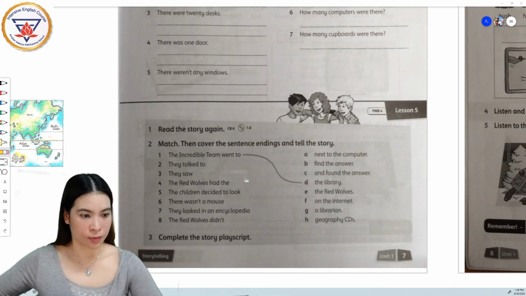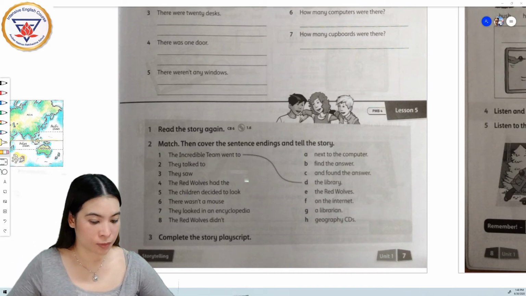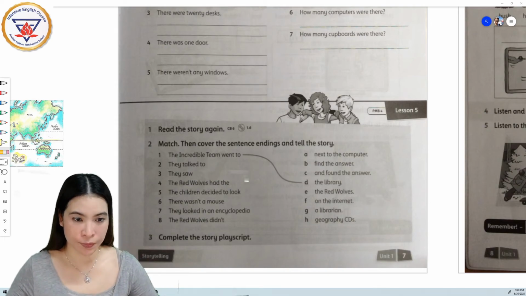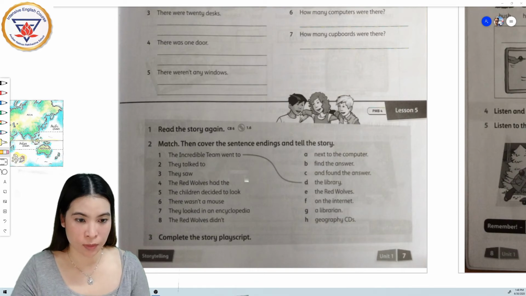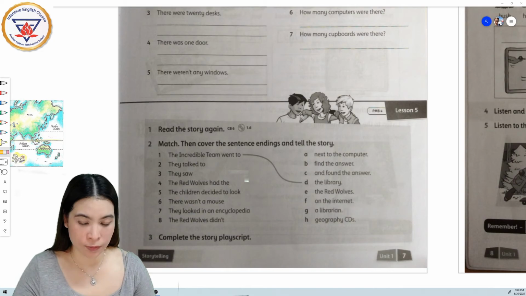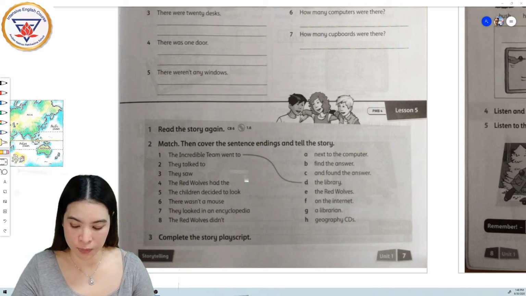Here's a computer. But there isn't a mouse. There was a mouse next to the computer. I saw it. Let's look in a book. Good idea. But which book? Look in the big encyclopedia. It's over there on the table. 5 minutes later.